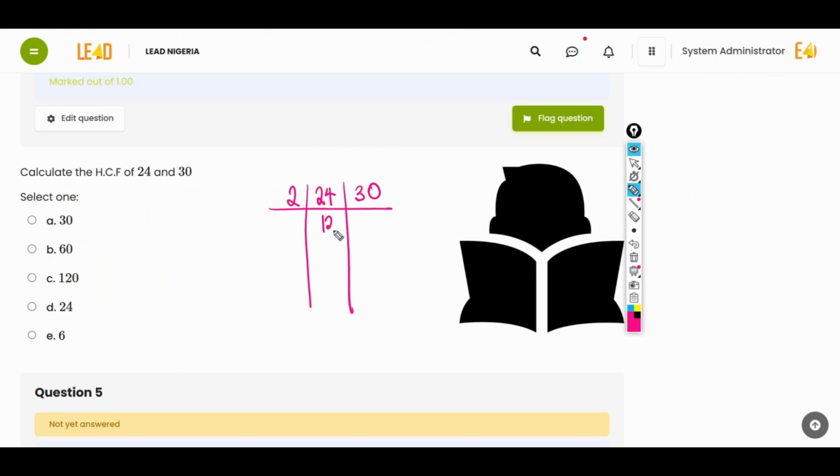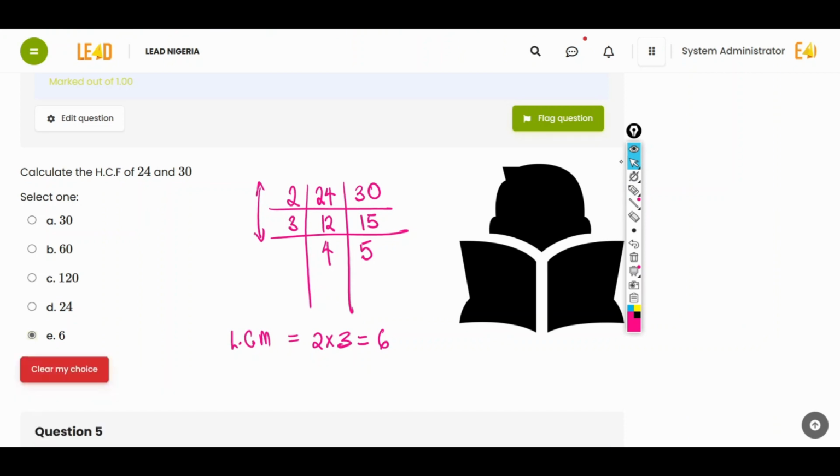I would have 12 here and 15. 2 cannot divide both of them anymore, so I can't use 2, but I can use 3, because 3 can divide both of them. I would have 4 and 5. There is nothing else that can work. So my HCF, I need to multiply these: 2 times 3, which is 6.